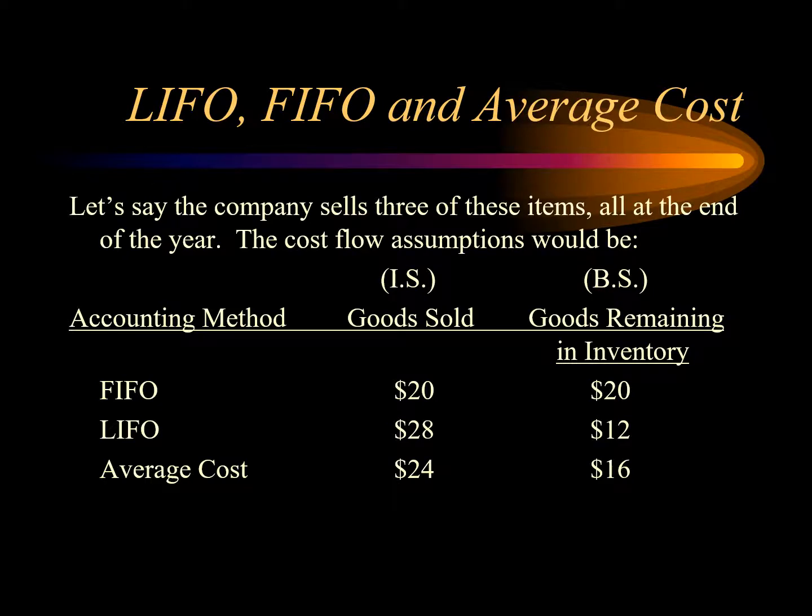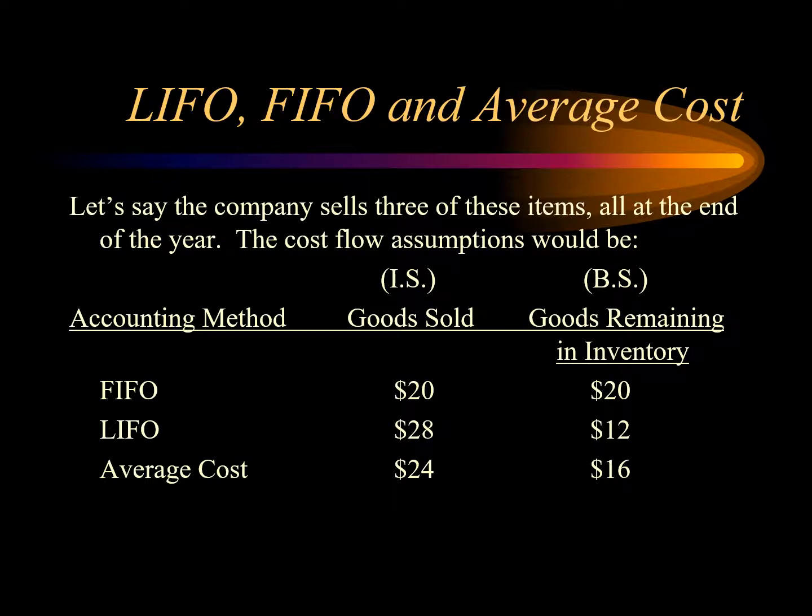You can see for FIFO, your cost of goods sold for your income statement would be the sum of items 1, 2, and 3, which is $20, which leaves $20 remaining in inventory on your balance sheet.